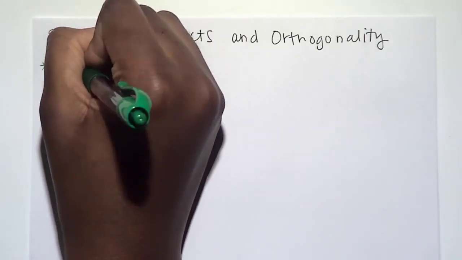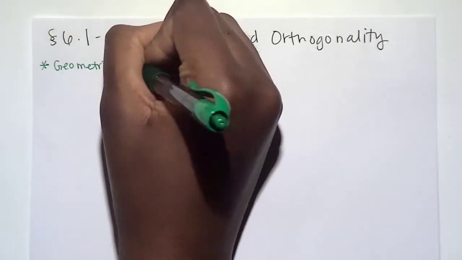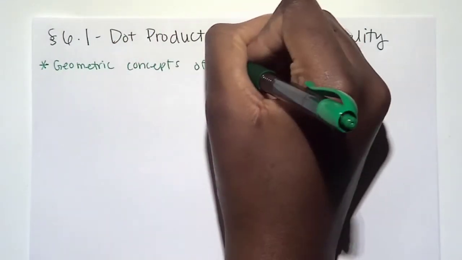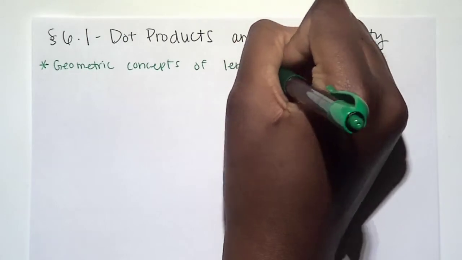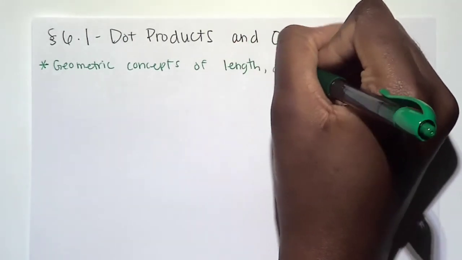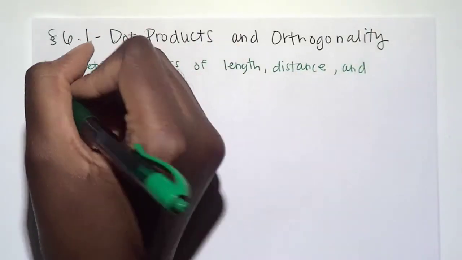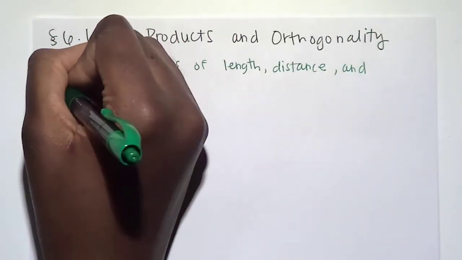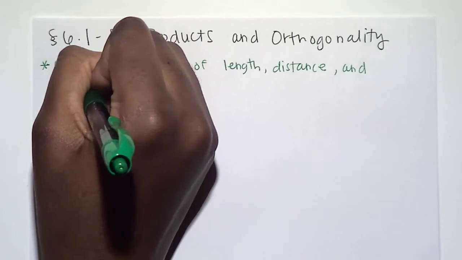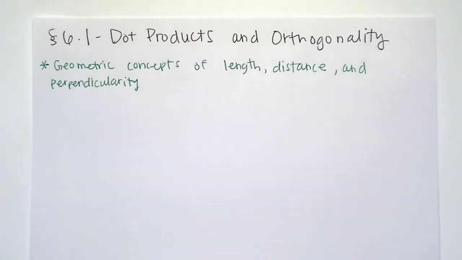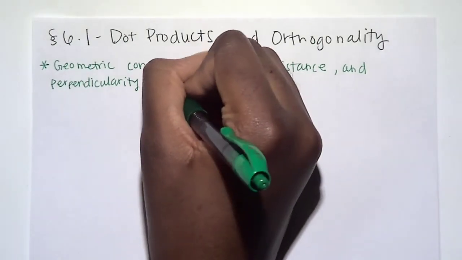Geometric concepts of length, distance, and perpendicularity are well known in R2.